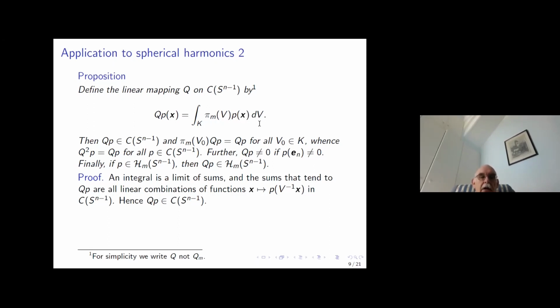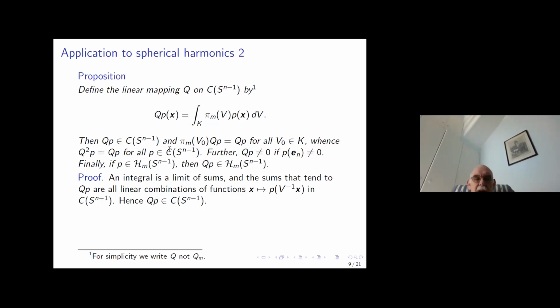Then Q of P is a continuous function. And it's also true that pi of V0 acting on Q of P is equal to Q of P. That means, if you like, that Q of P is a function that doesn't depend on rotations in certain directions.